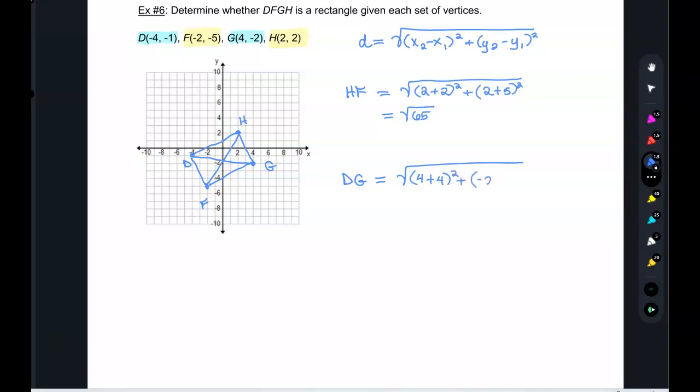And -2 minus -1. It looks like it's going to be the same thing, right? We have 8 squared plus 1. All right, so DFGH is a rectangle.